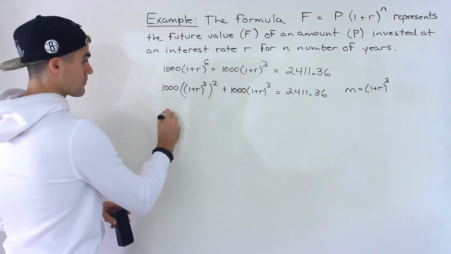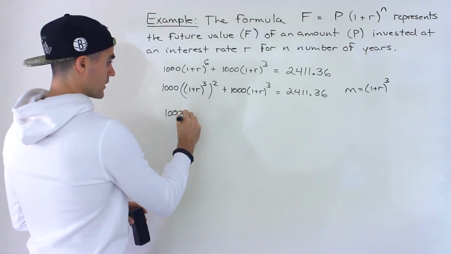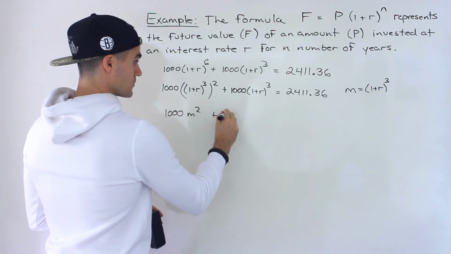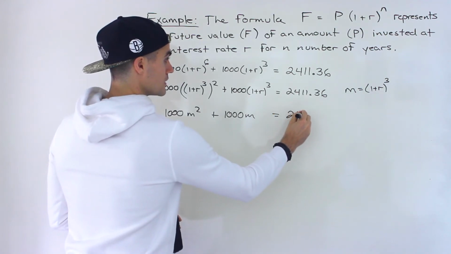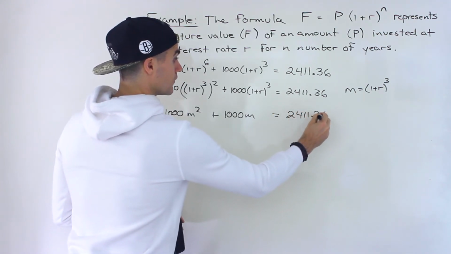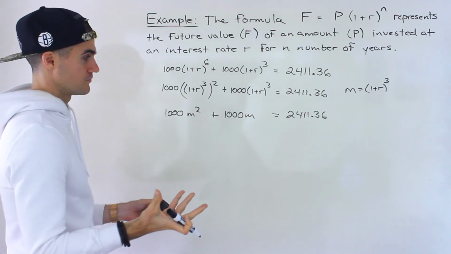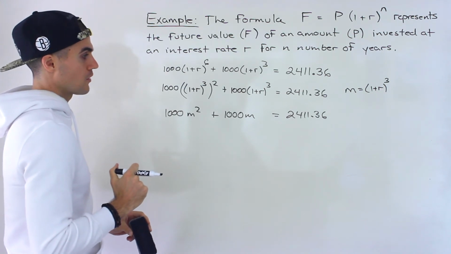This would be m, so we would end up with m squared. This would be m, so we'd have 1000m, and then we'd have this constant on the right side. Now we have a quadratic equation that we can always solve with the quadratic formula.